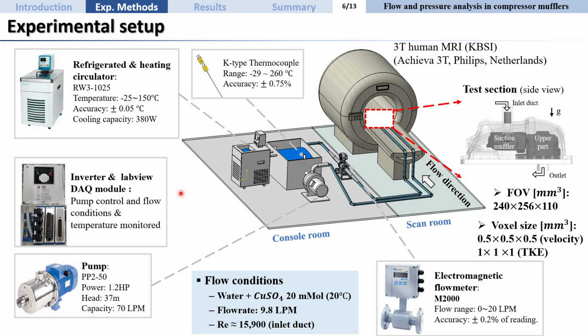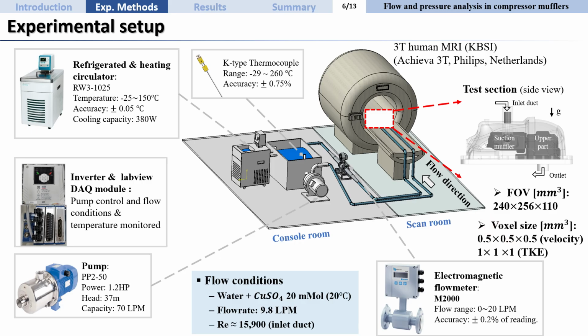To maintain the working fluid at a steady temperature of 20 degrees, we used a refrigerated heating circulator and a thermocouple. And the copper sulfate aqueous solution was used to enhance the signal-to-noise ratio and reduce noise. Regarding the scan parameters, we set the isotropic spatial resolution to 0.5 millimeters for the velocity scan and 1 millimeter for the TKE scan.